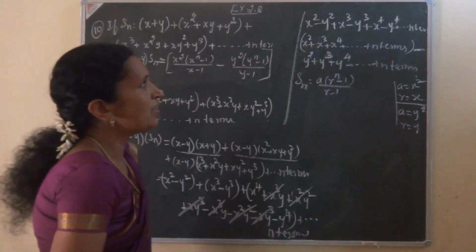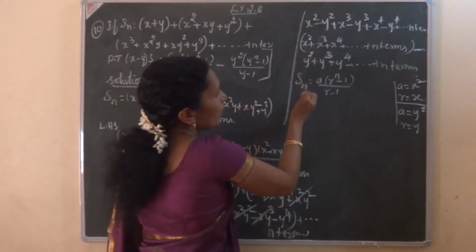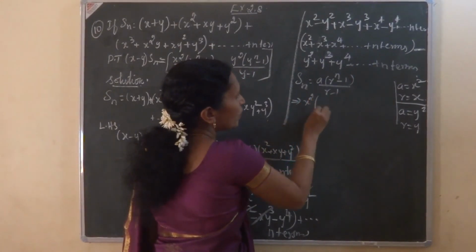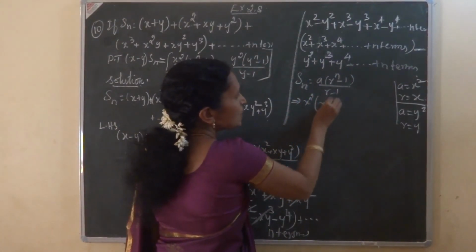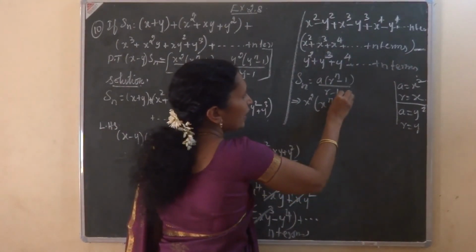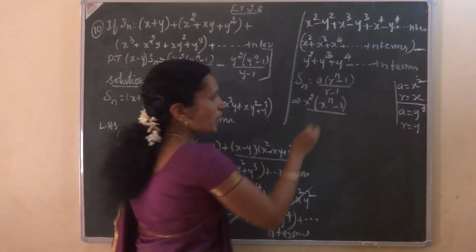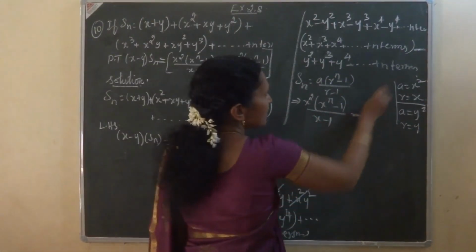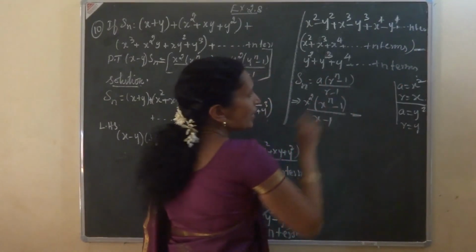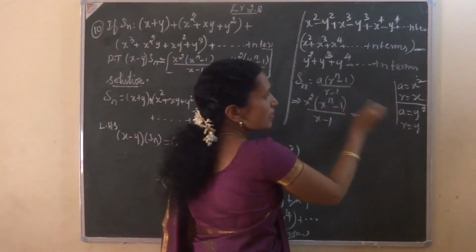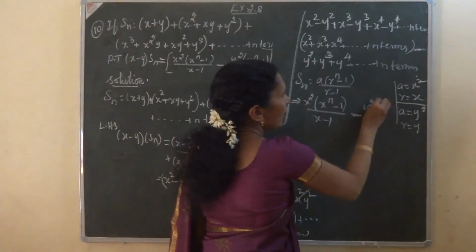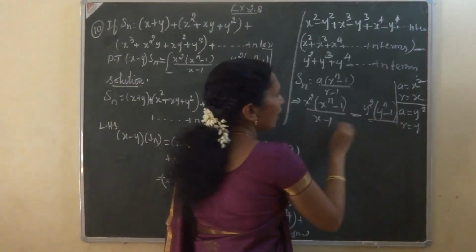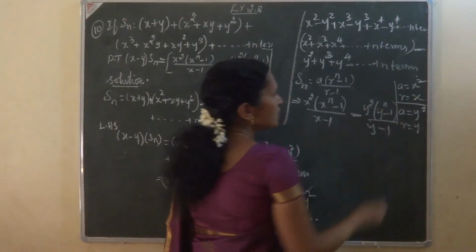What's the value of a? x square. x square into r power n, x power n minus 1, divided by r minus 1, that is x minus 1. Minus. For this series, apply the formula: y square into (y power n minus 1) divided by (y minus 1).